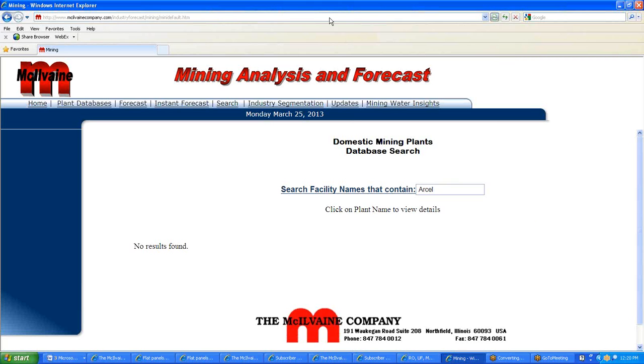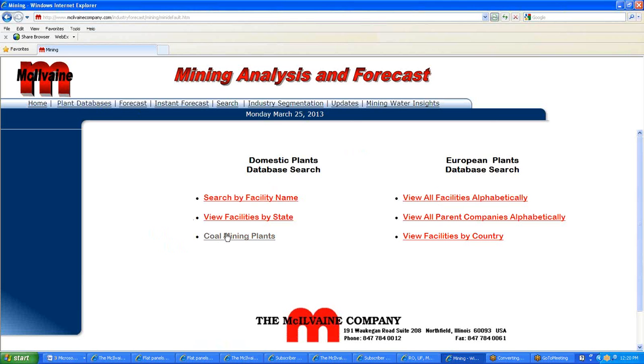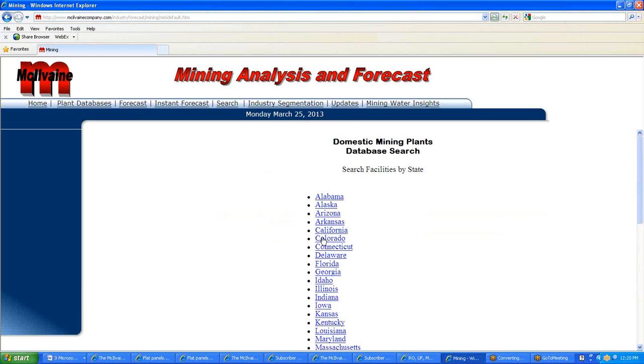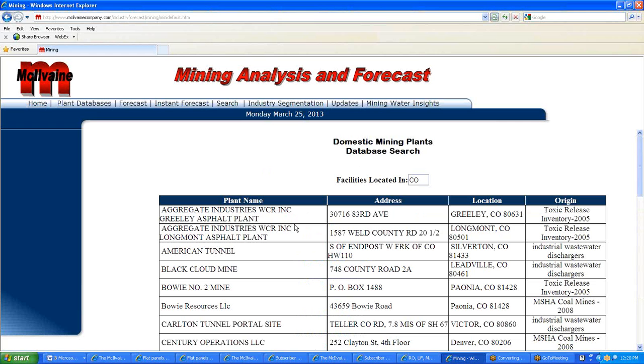And let's see here. Why don't we go back in another way, let's see, search. We'll go back into one of the other aspects here on the plant databases, and we'll search by state. Might be an easier way to look at it.